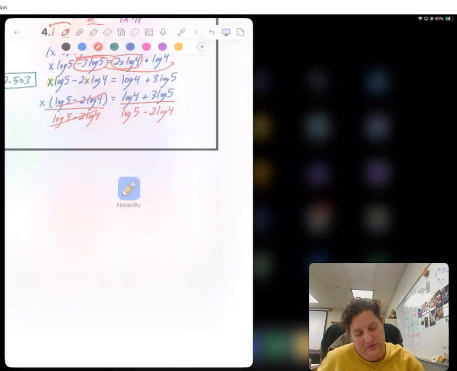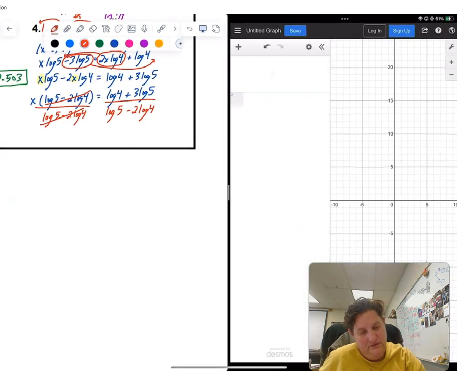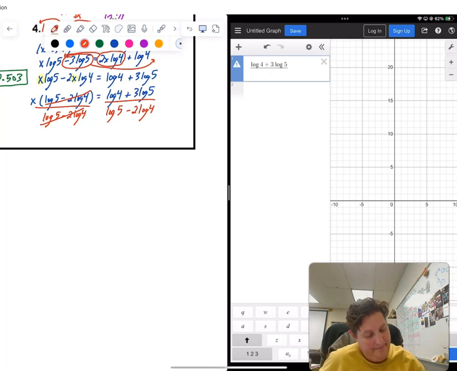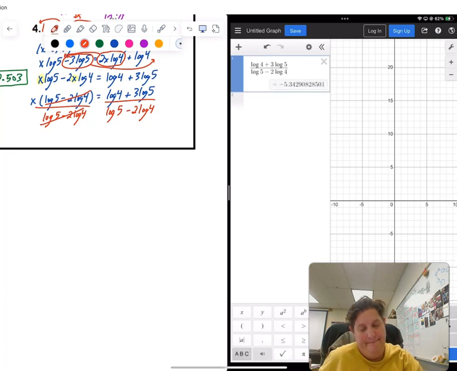So when I go to type this in, I'm going to just start with a divide by to make a big fraction, and then I'm just going to type log 4 plus 3 log 5, and then log 5 minus 2 log 4.